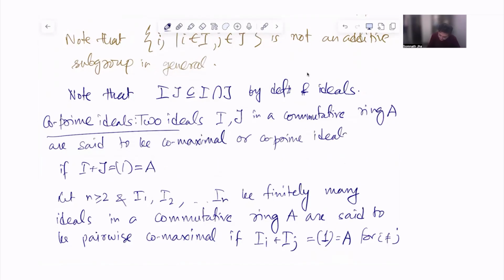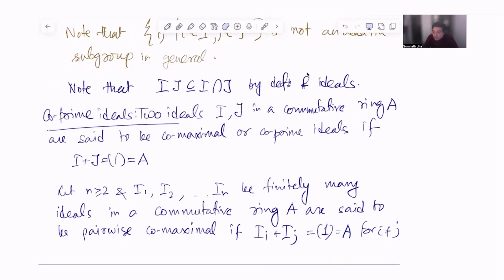Both the terminologies are used. Ideals if I plus J is equal to the whole ring, the whole ideal, then you call them co-maximal ideals.